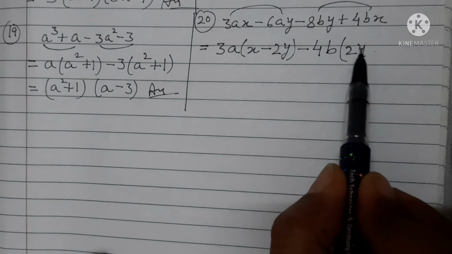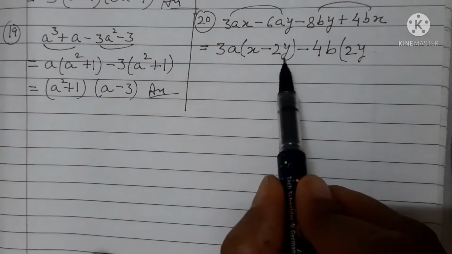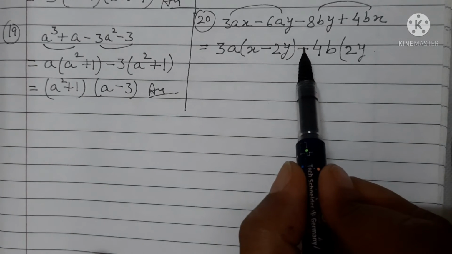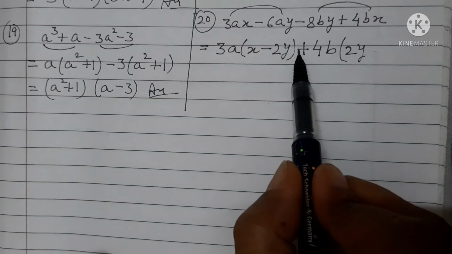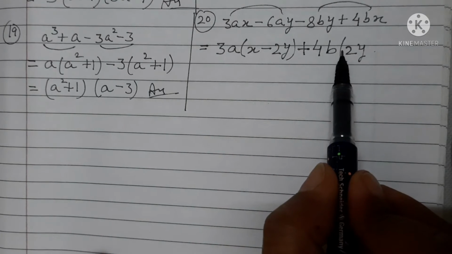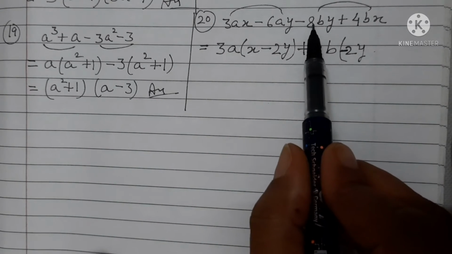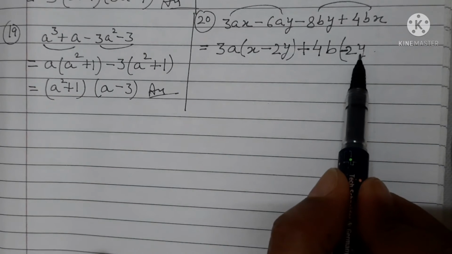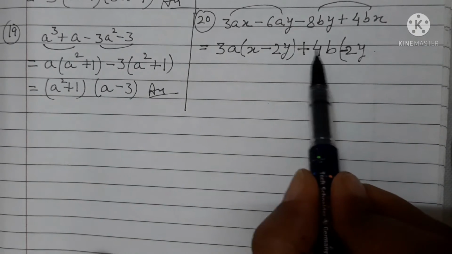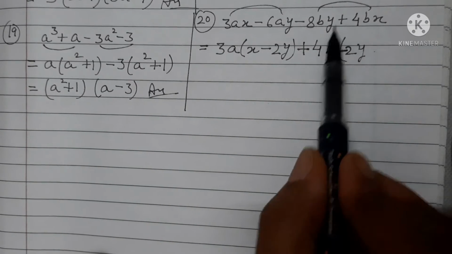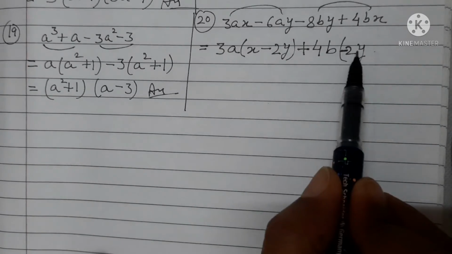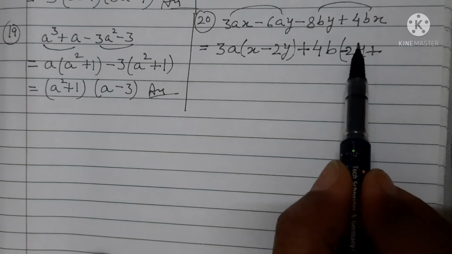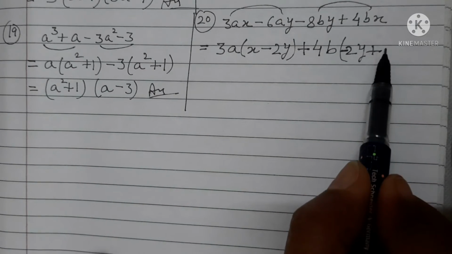Okay, so we have to make this term the same as this term. So if you take plus sign here, so this is minus, because minus 2y remains in the bracket, and because it is plus, when you multiply this plus sign inside, so this is plus, and 4b as common, x.